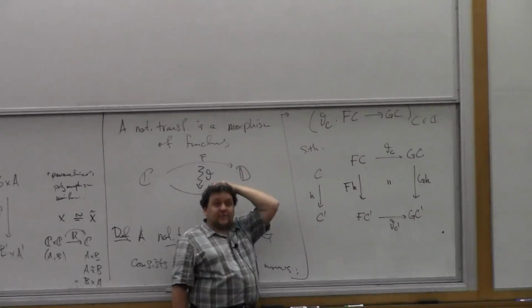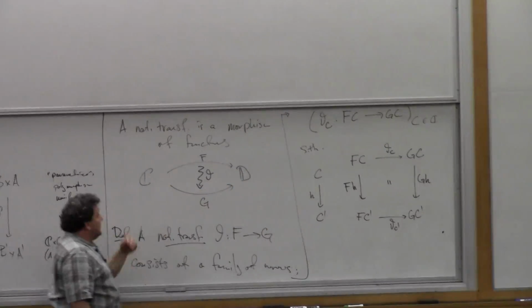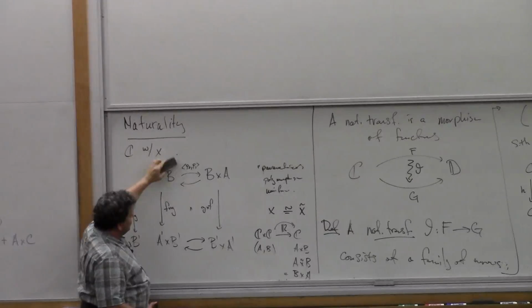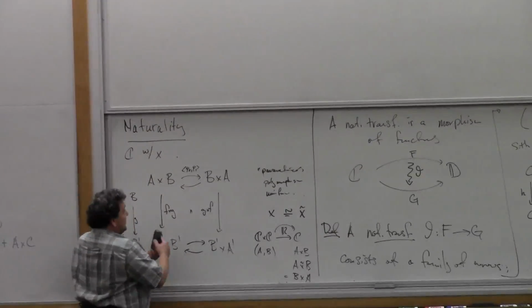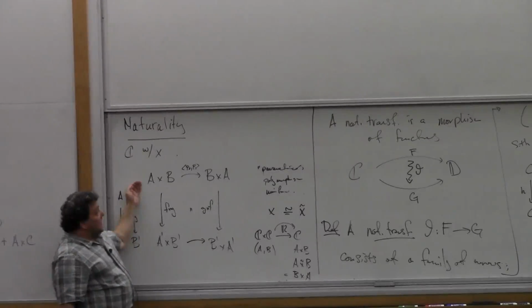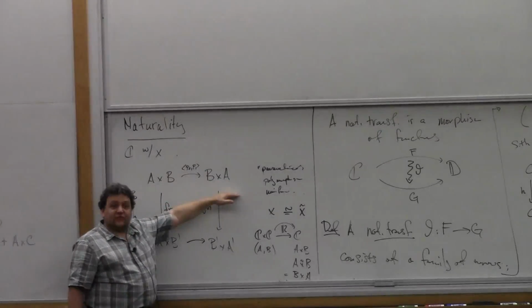Good? People are nodding their heads. It makes sense, I hope. So I hope you can see that this is an instance of it. Well, this is a natural isomorphism because it's an isomorphism at each step. But if we just look at one direction, for example, then we have a case of this naturality.